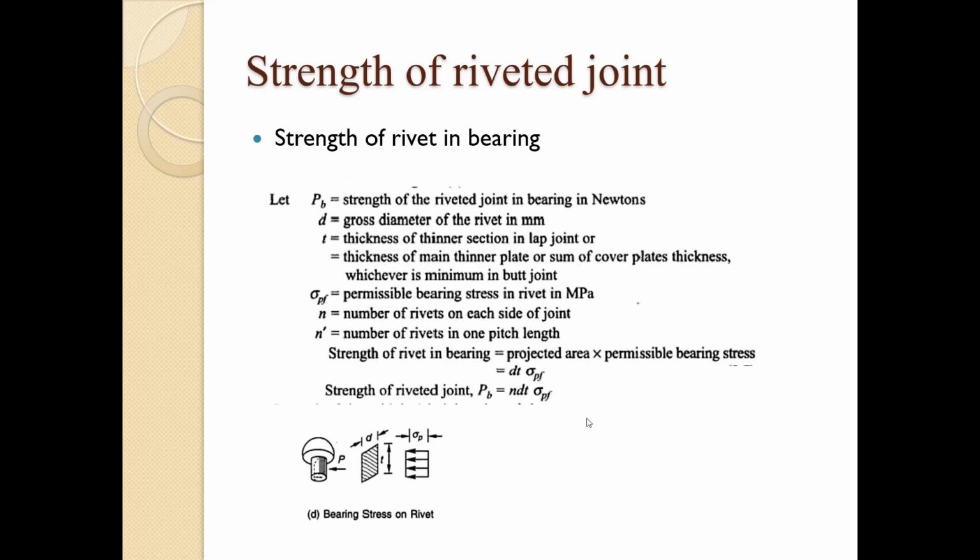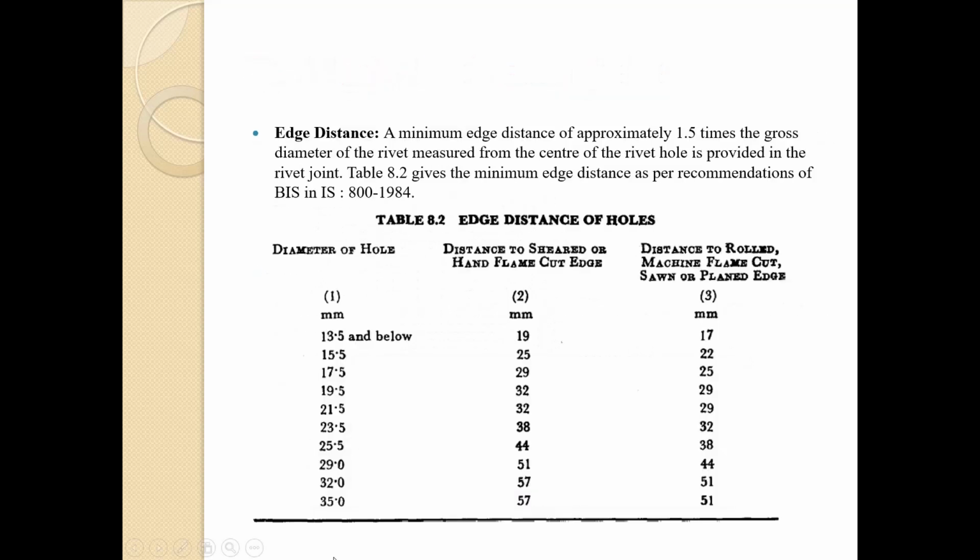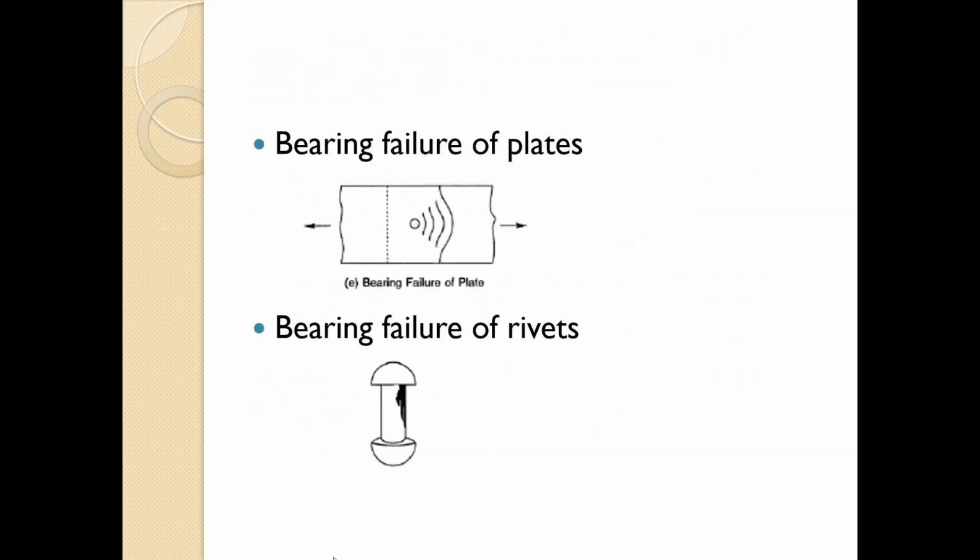Now the strength of riveted joint in bearing. In bearing, as you can see here, this plate tends to crush like this. So the area of resistance is this height and width, that is the diameter of the rivet. This height is the thickness of the plate, that is t.